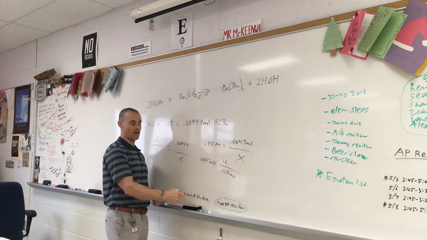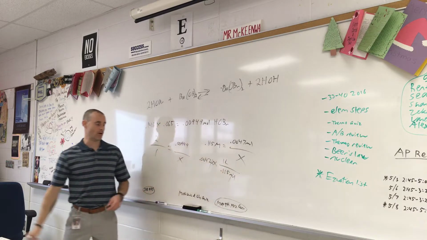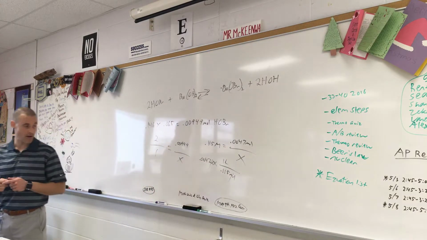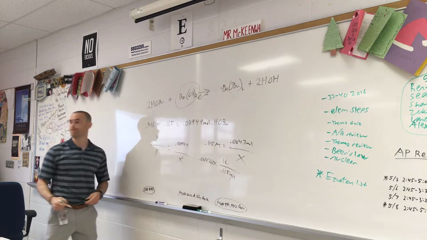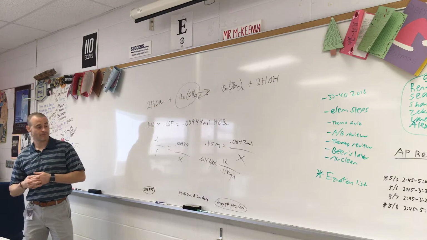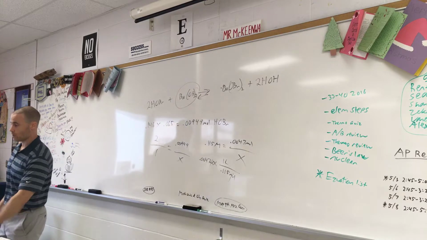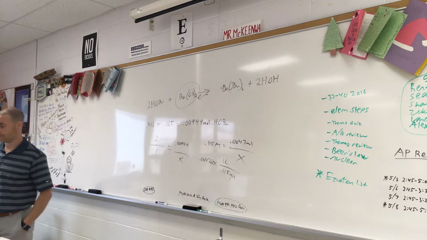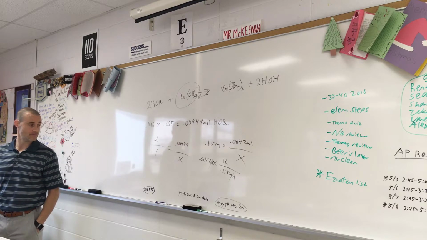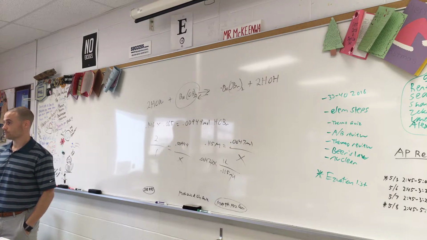Moles cancel. So 0.0047 divided by 0.115, that's the volume that you need to neutralize that. So whatever that is, they said 41.3. So we should be close to that.